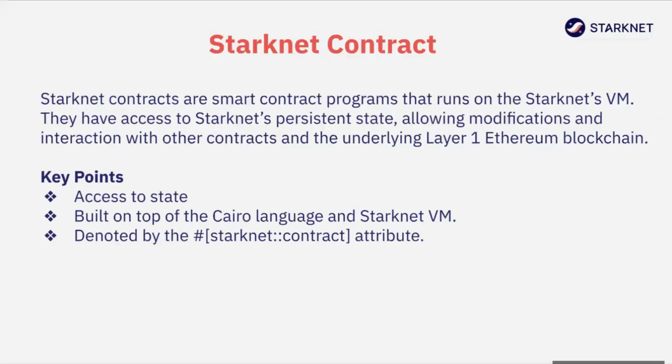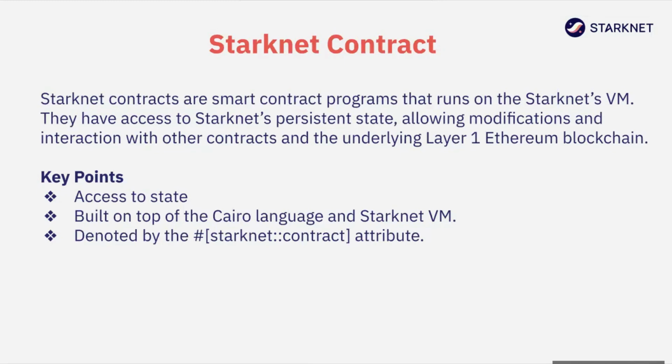Now for StarkNet contracts. StarkNet contracts are smart contract programs that run on the StarkNet virtual machine, just like we have Solidity smart contracts that run on EVM compatible blockchains. But a StarkNet contract is written in the Cairo programming language. So we use Cairo to write StarkNet contracts.